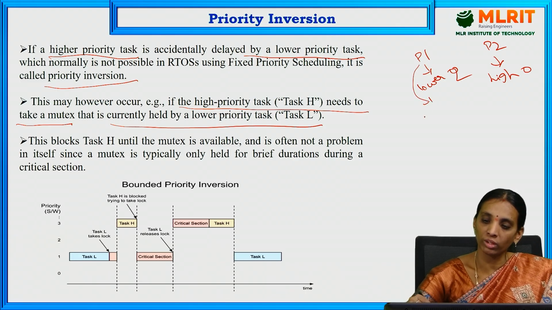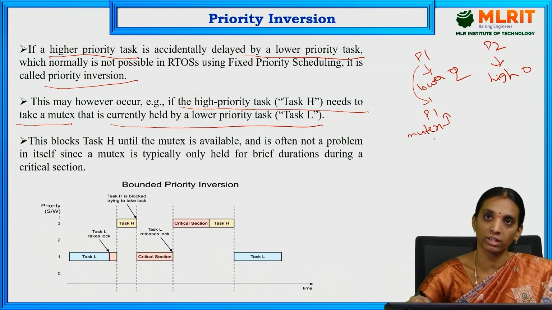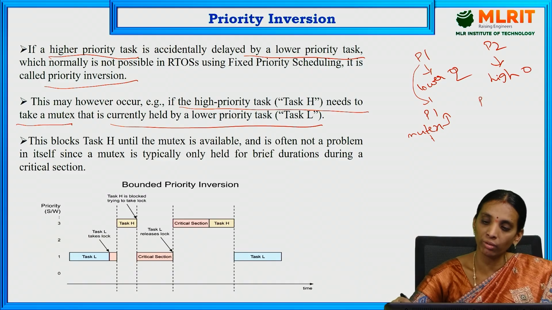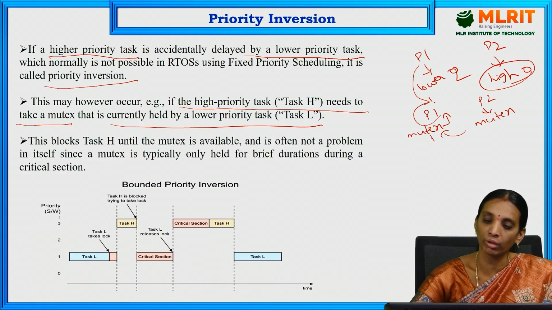When executing P1, the mutex is taken by P1 as it enters the critical section, and only after completion of its critical section does it release the mutex. But when P2, which has the highest priority, enters the OS, the mutex would be utilized by P2, but it is not available because it is used by the P1 process.